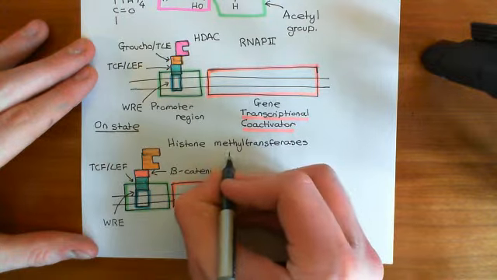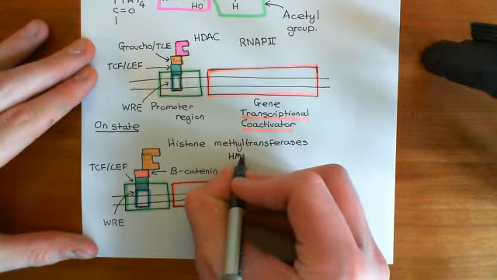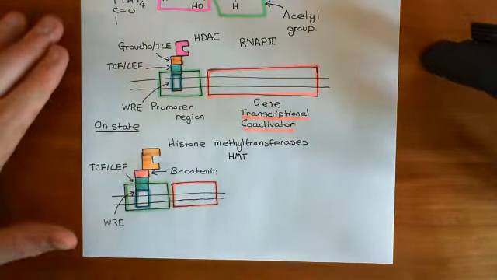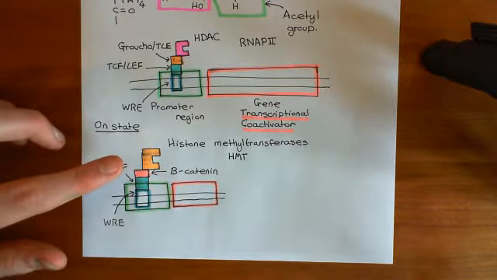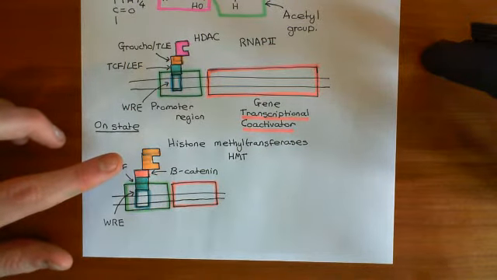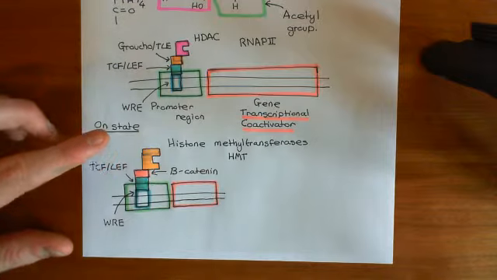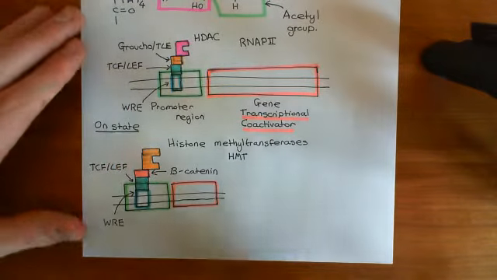Now, there is not just one histone methyltransferase, it's a whole family of enzymes, but they all do the same thing, which is that they methylate lysine residues within histones.